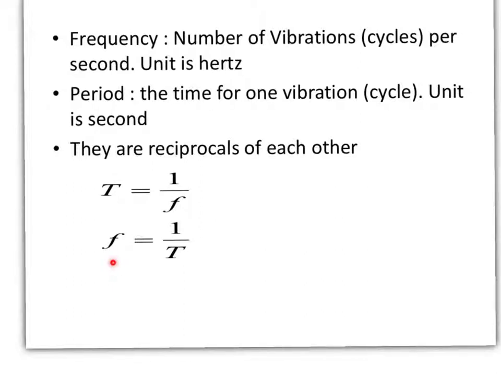Well, if you just think about it, if it took 3 seconds for one, then the number of waves per second would be a third of a wave per second. Or if you needed to calculate that, the frequency would just be equal to 1 divided by 3, or 1/3 cycles per second, or 1/3 hertz.